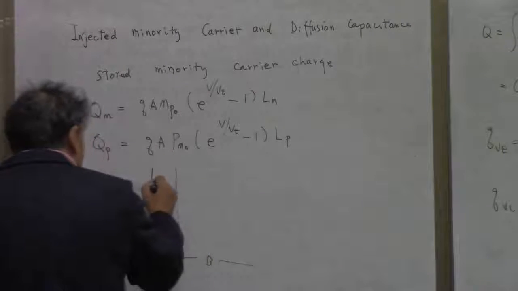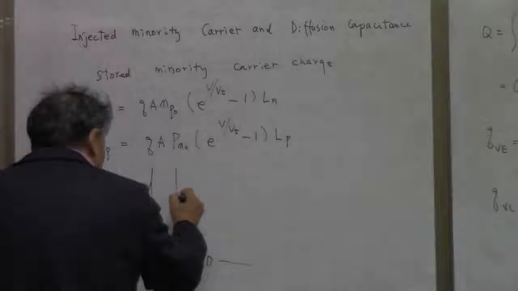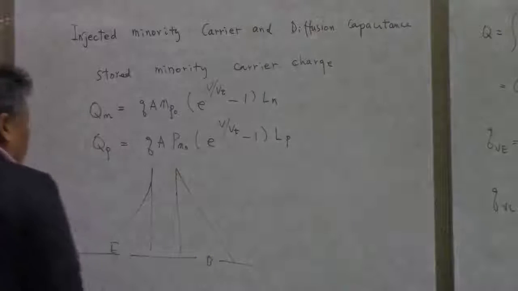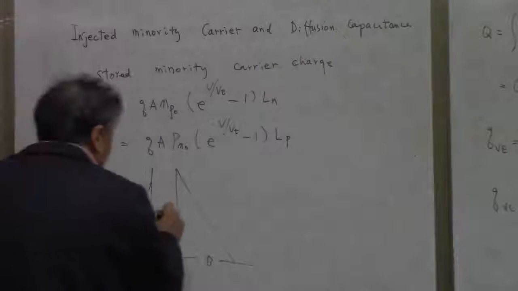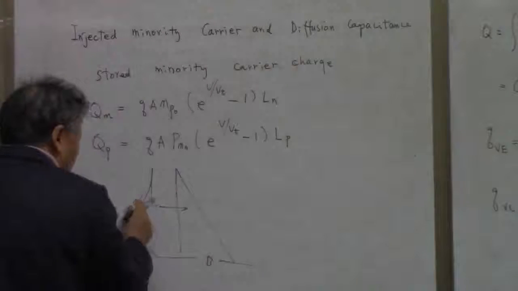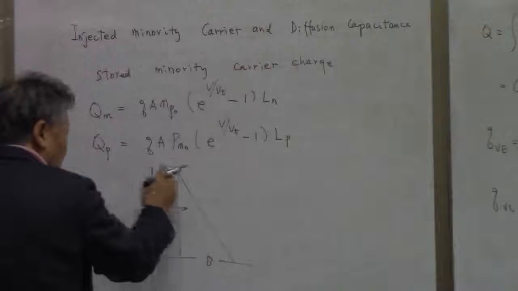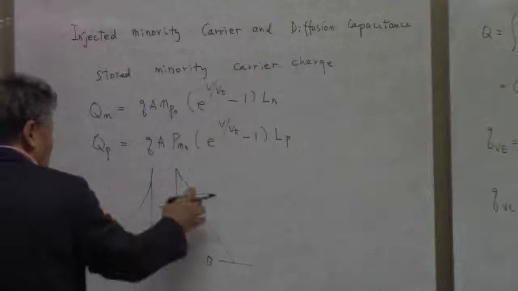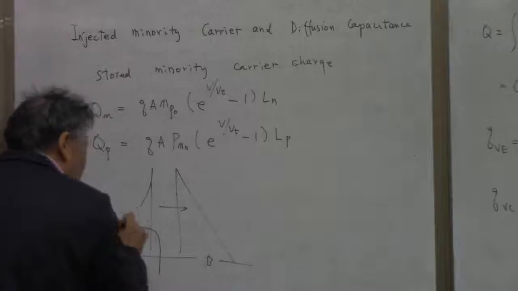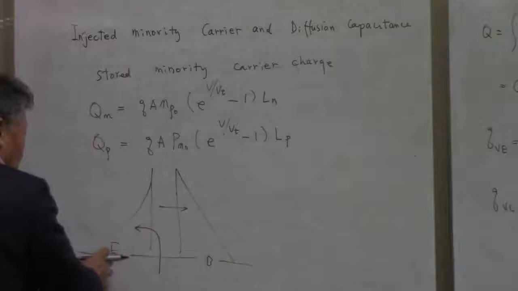we have some stored charges, and something like this. The minority carrier is going to be injected into the base with the application of the emitter-base voltage, and also the hole is going to be injected into the emitter.